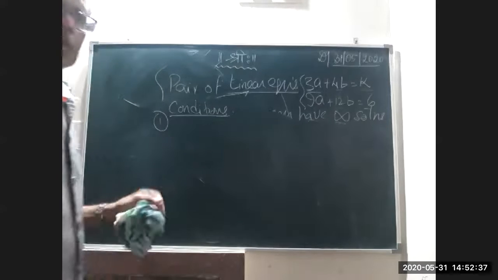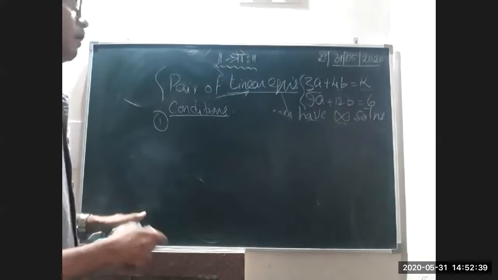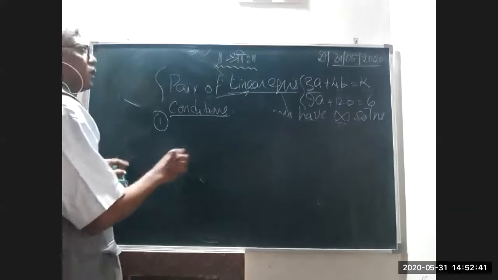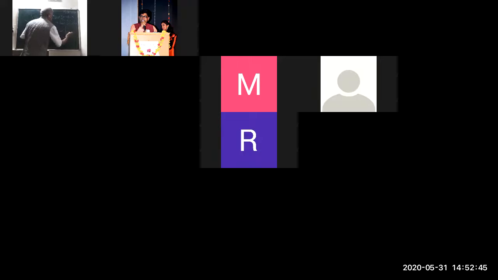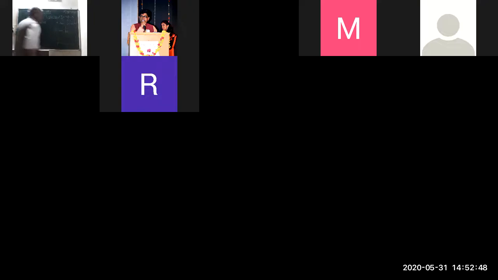So the first condition is supposing I write the three graphs here. There is one equation that is passing like this. We will call this a1x + b1y + c1 = 0.